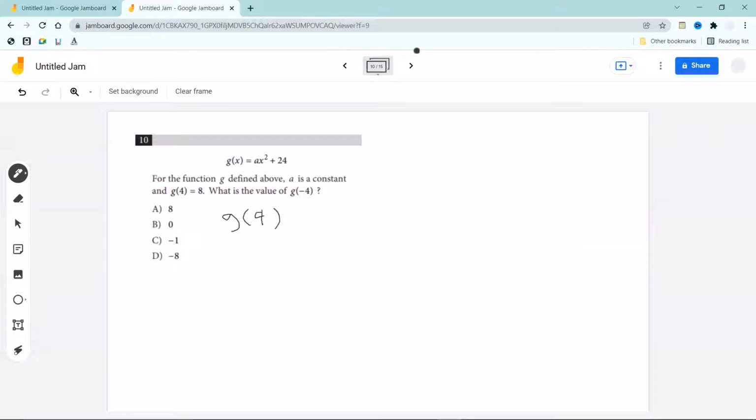We'll say g of 4 equals 8, right? And that's also equal to a times 4 squared, since we're plugging in 4 for x, plus 24. If we look at this portion here, we'll notice this 16a plus 24 is actually equal to 8, since this is the output of g of 4, which is 8.